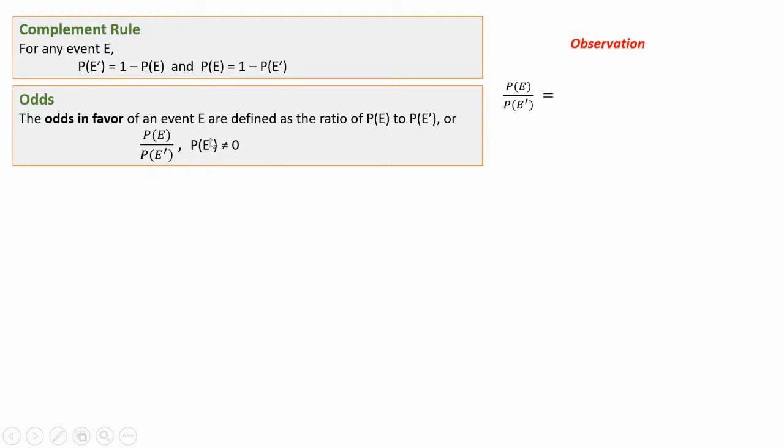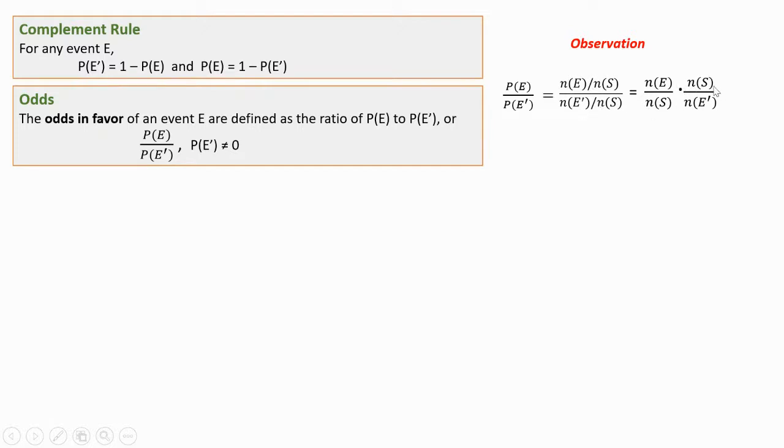Observation. So we start, right? So this is the probability of the event to happen, which is equal to N of E over N of S, right? Because this is a probability of E over the probability of not E, or the complement of E. If you notice, this will be the number of E over the number of the sample space, so this is division.